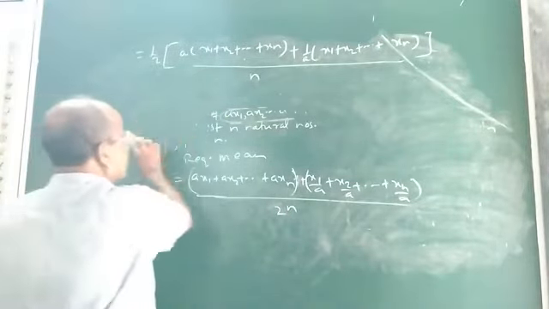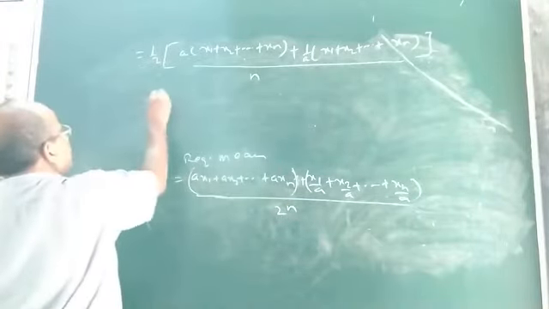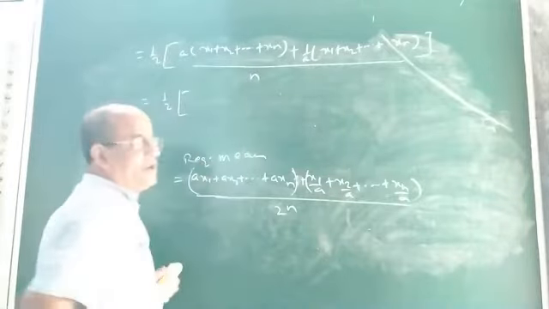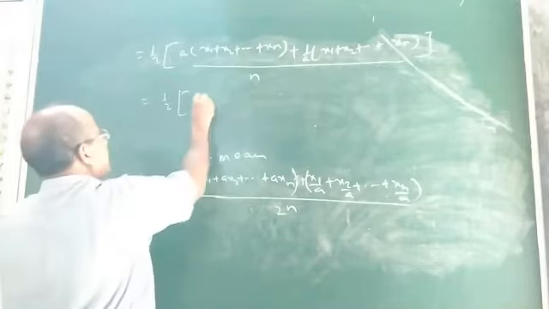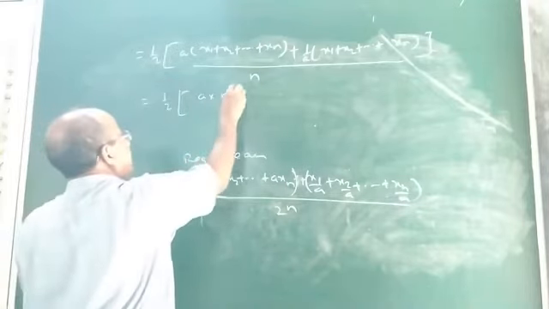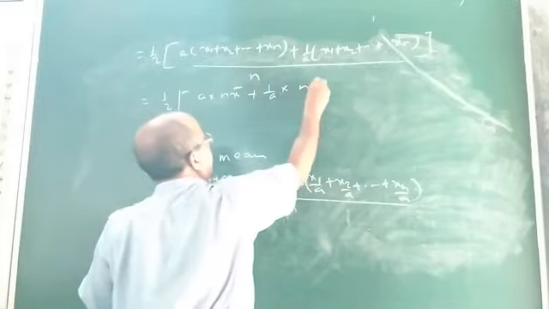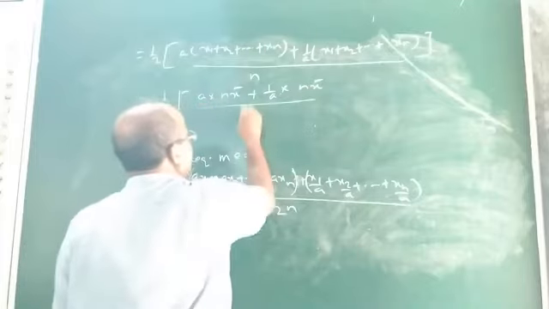Okay. Now let us further simplify. See how to simplify. It is half into... Now what is the value of this? Sum of n number of observations. It is equal to n x bar. Already we have found out. So put here a into n x bar plus 1 by a into n x bar, the sum of these n observations, whole divided by n.